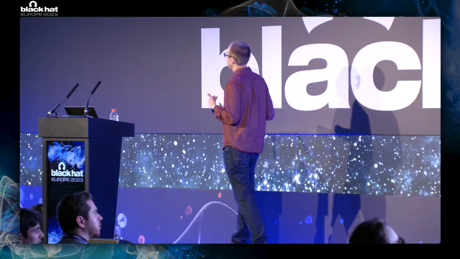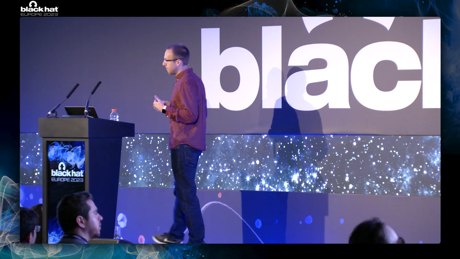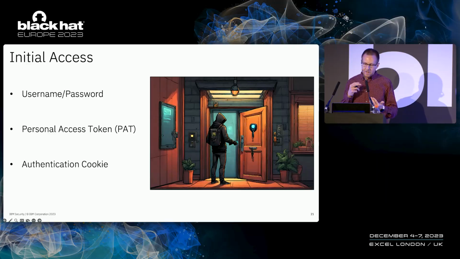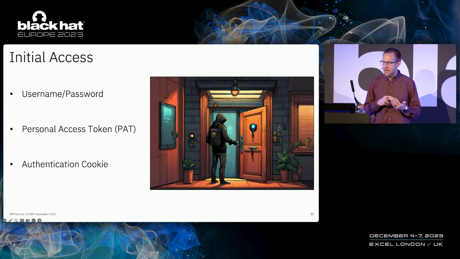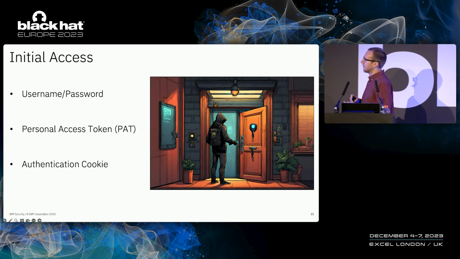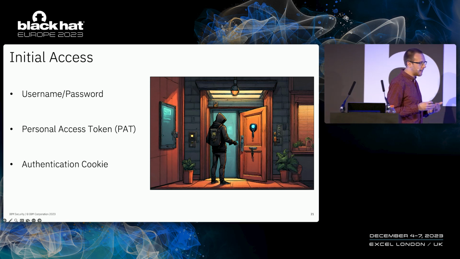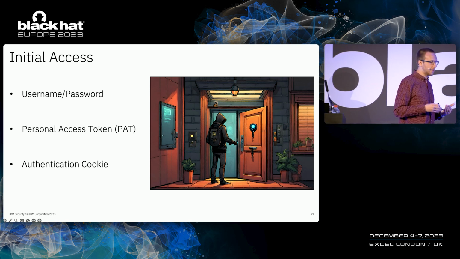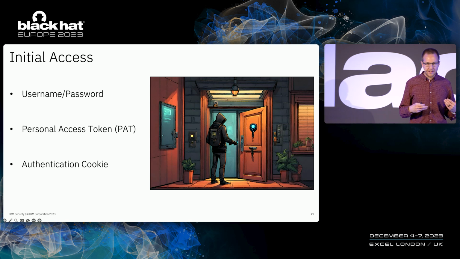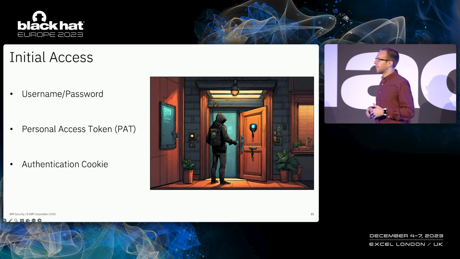Common methods of obtaining these types of credentials could include file shares, intranet sites, user workstations, conducting social engineering, or any unprotected or misconfigured internal network resource. And we commonly use those methods in our adversary simulation engagements to get these types of credentials.